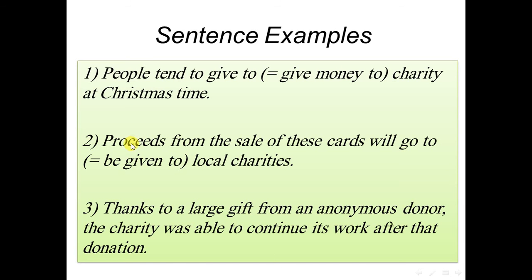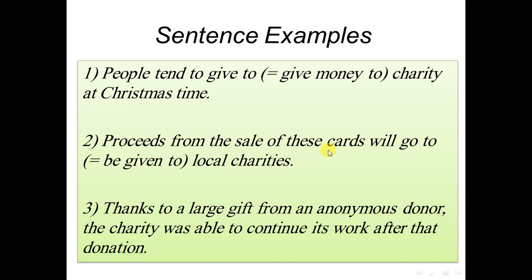Number two, proceeds from the sale of these cars will go to, or be given to, the local charities. Here it means the income from the sale of the company or the organization will be used. The proceeds from the sale of these cards.